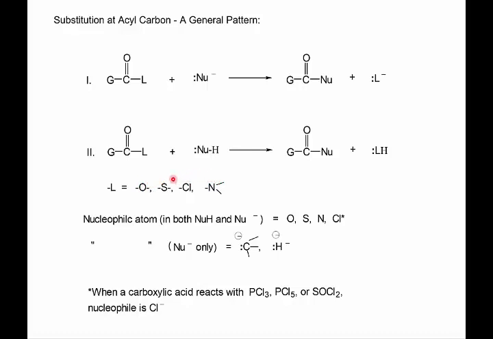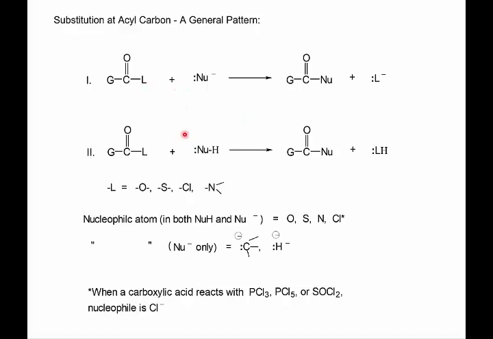I'll have more to say formally about carboxylic acid derivatives later. But speaking generally here, with a carboxylic acid or one of the derivatives, if you treat it with a nucleophile, you're going to get a nucleophilic substitution, in which the L comes off and is replaced by the nucleophile. Now L, appropriately, stands for leaving group.